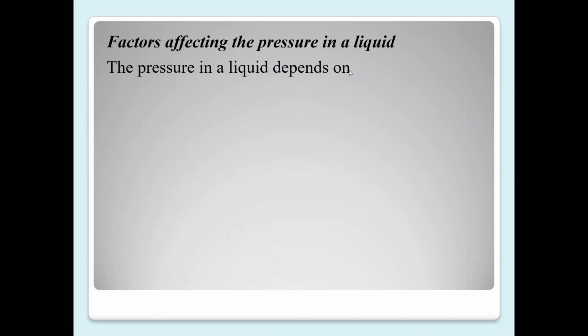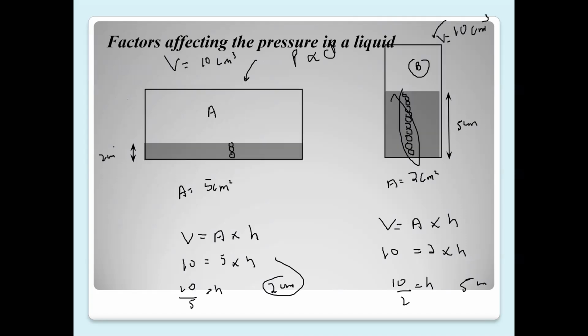But shouldn't those containers have the same base areas as well so that they can exert the same pressure? No, you're mixing the pressure exerted by the container with the pressure exerted by the liquid. The pressure exerted by the container is force divided by area, the weight of the container divided by its area.